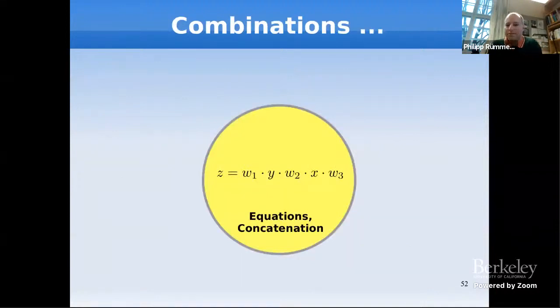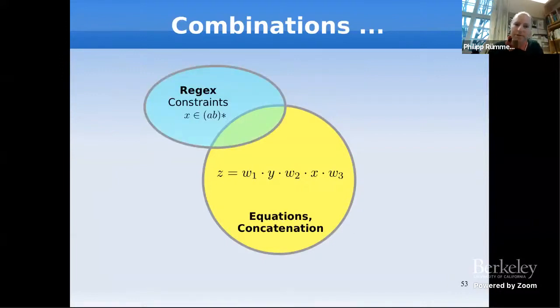Okay, so this was actually the first kind of constraint. So just the word equations, and this already turned out to be a bit of a nightmare to solve in a complete way. But of course, we are not satisfied with just equations. We want more. So in particular, we want regular expression constraints. And we needed those, for instance, for the motivating example for this injection attack. And so it turns out that regular expression constraints cannot be directly reduced to word equations, but also the combination is quite well behaved.